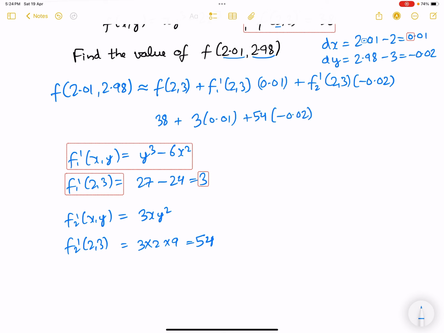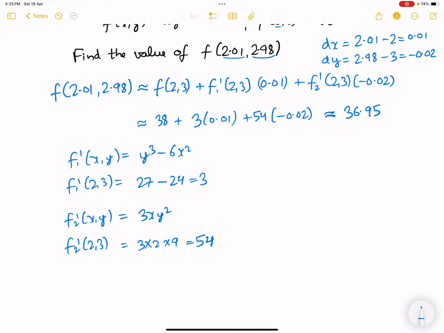So approximately equal to, if we solve this and use the calculator, this is coming out to be 36.95.